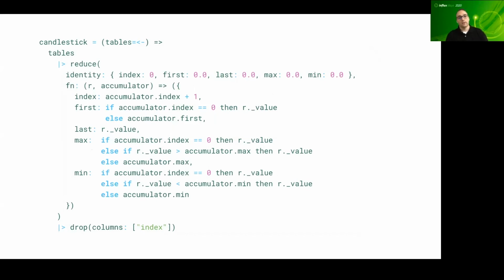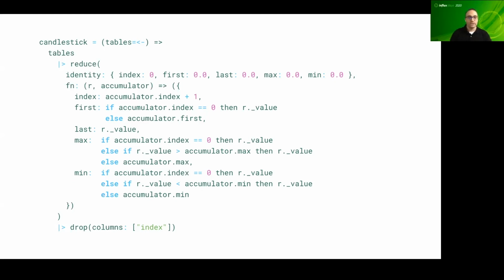As it iterates through each row, I take my accumulator index and increment it by 1. And then in my first value, if the accumulator index is 0, I know it's the first iteration, and I can just set it to the r._value. And then through every other iteration, it'll just default to accumulator.first.